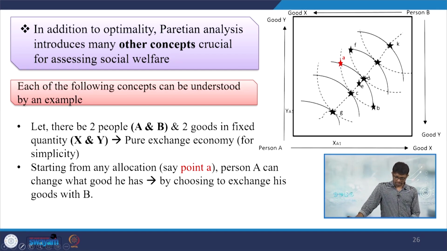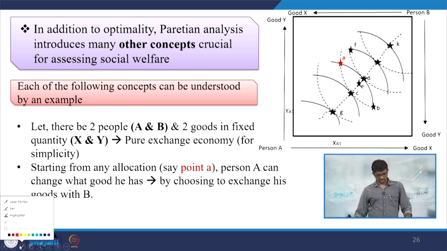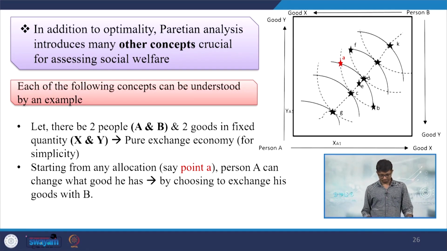If you look at point A, that is the allocation, person A can change what goods he has by choosing to exchange his goods with B, and point A is highlighted over here in red color.